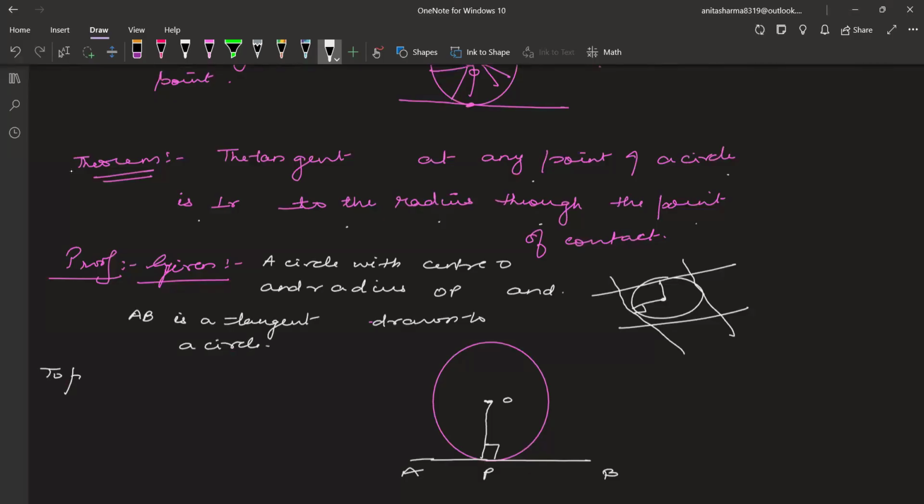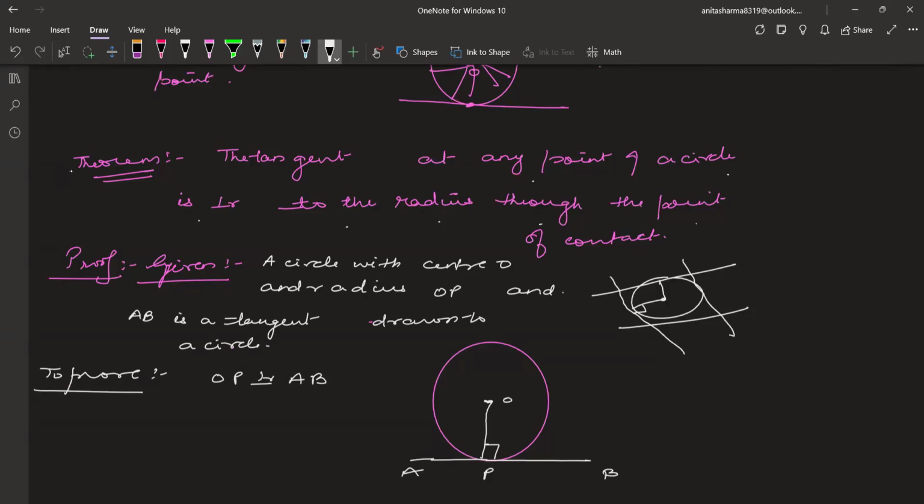Suppose this is your P, this is your AB. Okay, now to prove. What do we have to prove? We have to prove that OP is perpendicular to AB. Perpendicular means that it will make a 90-degree angle. Right, children? Yes.